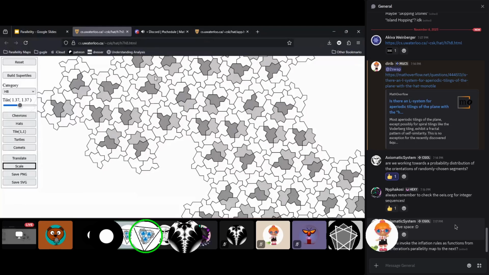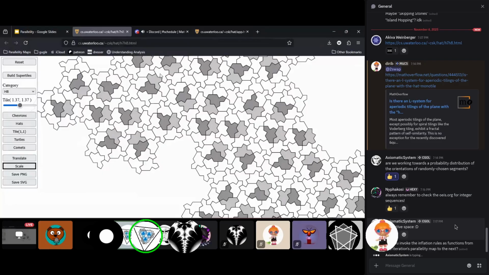The thing I was going to clarify is that in the cases of these parallelity maps, all the ones that I've found, I'm counting shared edges the same as perimeter edges. It does matter, because sometimes on other Lindenmayer systems, like the Levy C curve, for example, that one self-overlaps sometimes.